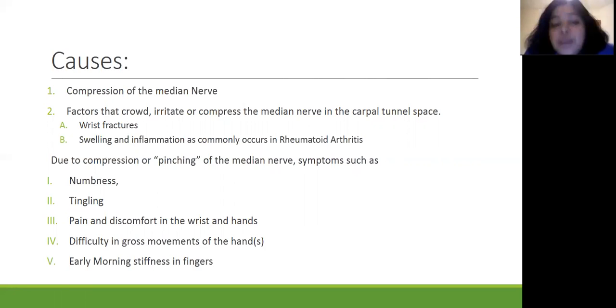Okay, so that may occur, for instance, if there's a wrist fracture, or if there's swelling and inflammation in that area. So for instance, you may even find somebody getting carpal tunnel if prior to that they've had rheumatoid arthritis, because even in different forms of rheumatoid arthritis, which we have discussed, you can see that there may be swelling or there may be inflammation. And that can translate to then affecting the space that is there in the carpal tunnel.